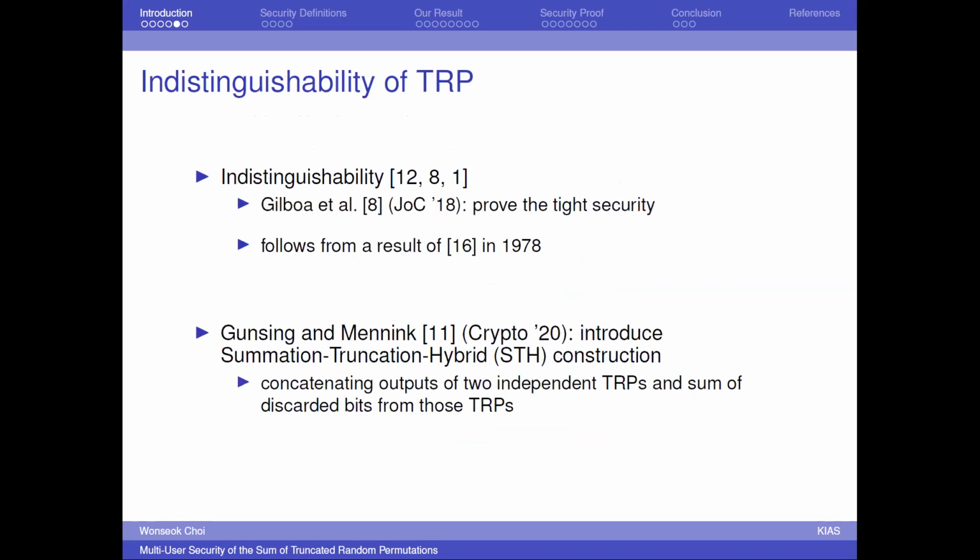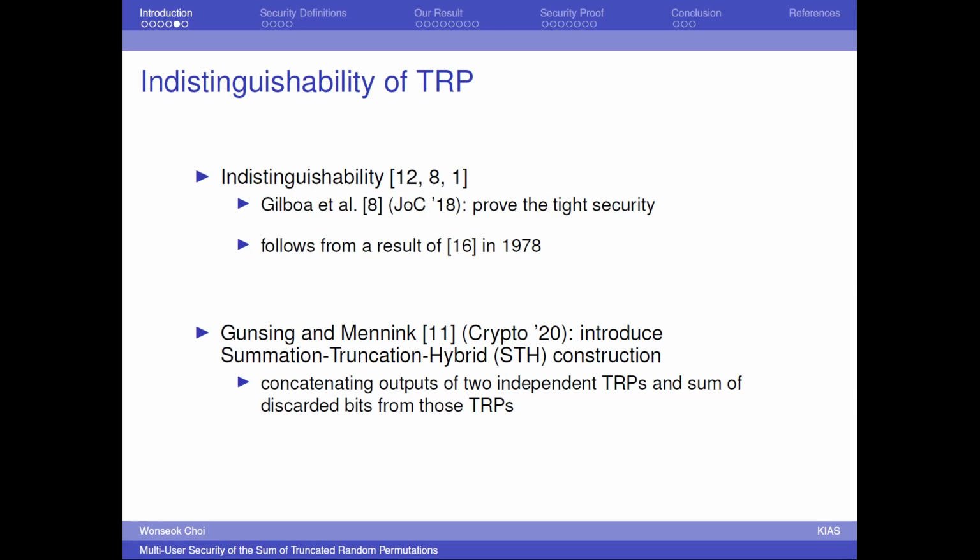The security of TRP was proven by Gilboa et al., and they proved the tight security in the Journal of Cryptology in 2018. They also showed that this tight result actually follows from a result in Stam's paper in 1978.